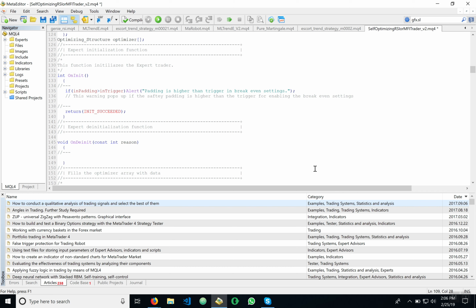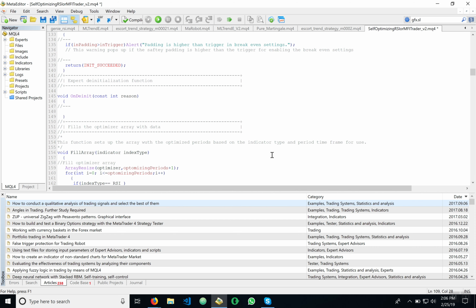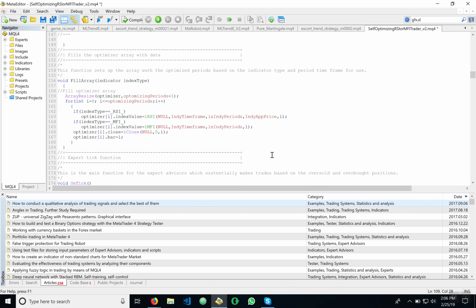Now, before we go on to the major on-tick function, we need to look at the supporting functions first. So firstly, let's look at the fill array function. What this function does is it sets up an array with the optimized periods based on the indicator type and period time frame for use.